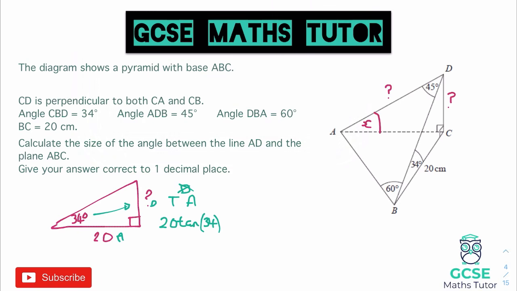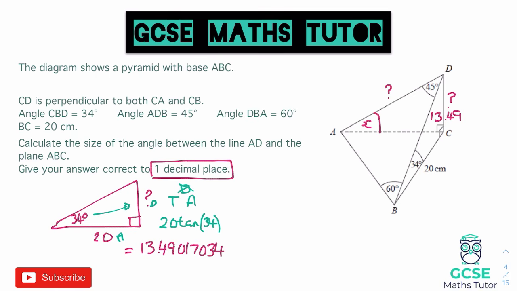As the question wants it to one decimal place, I want to make sure that I leave all of my working to at least 4 or 5 decimal places. That comes out as 13.4901703. I'm going to label that up on the diagram. I'm not going to write down the full number up here, I'm going to write down 13.49. So that's one of the first lengths that we needed.